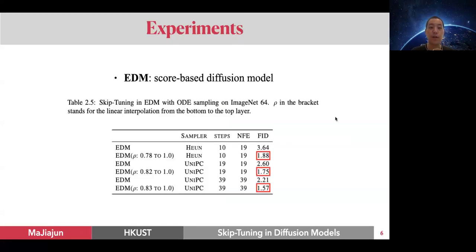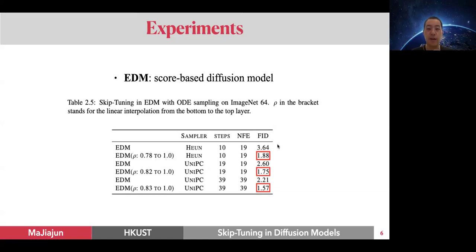In terms of the experiments, we first test skip tuning in the EDM model. As you can see, for EDM, rho goes from 0.78 at the bottom layer to the top layer, where rho is linearly increased to 1.